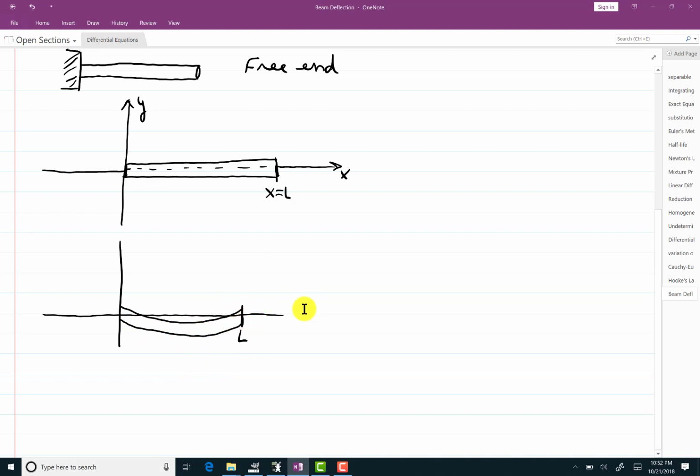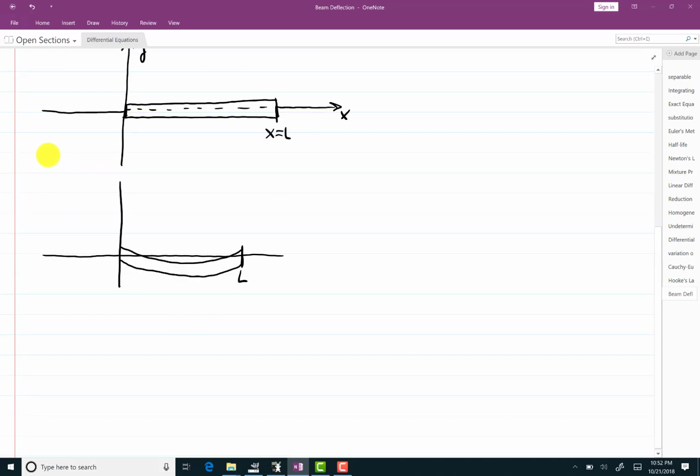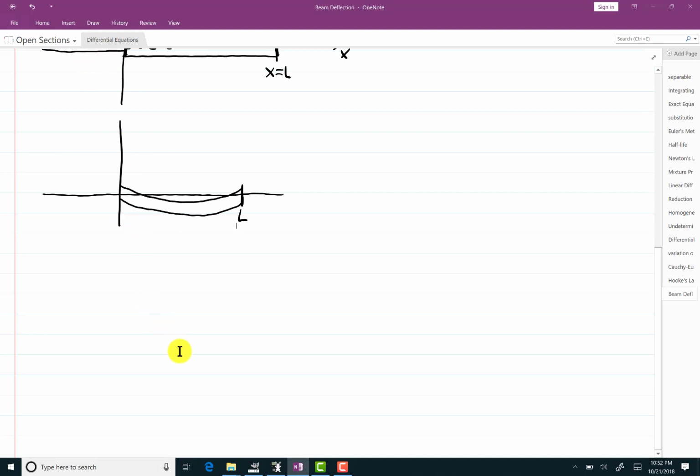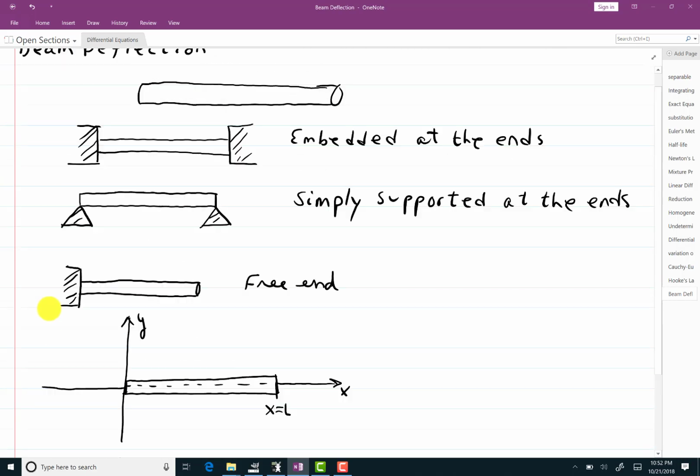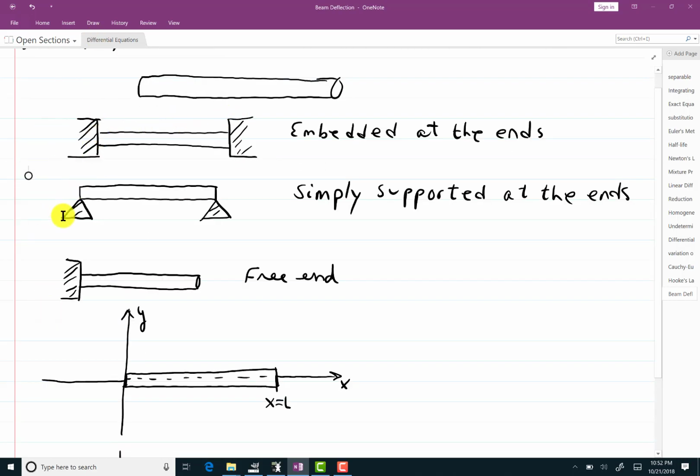It will also still end at L. It won't pull away from it because we're going to assume that the material used in the beam has some sort of flexibility, so it may actually stretch as it bends. So let's take a look at the three kinds of pictures we could get. I should have mentioned we could have any combinations of these things. Like I could have it embedded at one end, but maybe freely supported at another end. Maybe freely supported at this end, embedded at that end. But there's nothing more than these three possible cases.